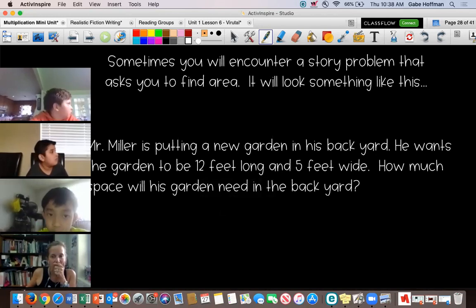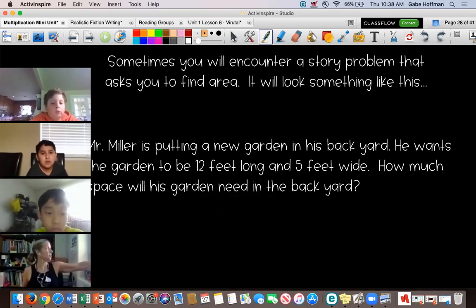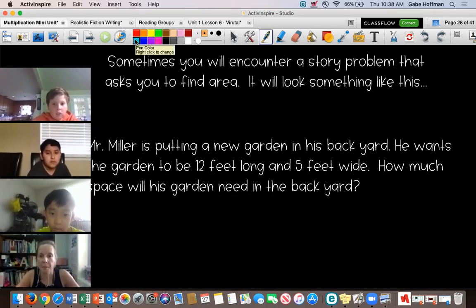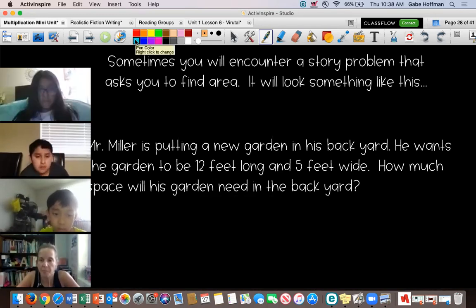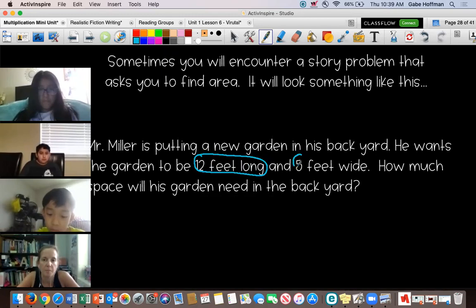Thank you, sir. So Corbin, what is one measurement in that problem that's going to be important? The 12 feet long and 5 feet wide? Yep, so we know that we have a rectangle that is 12 feet long and 5 feet wide.